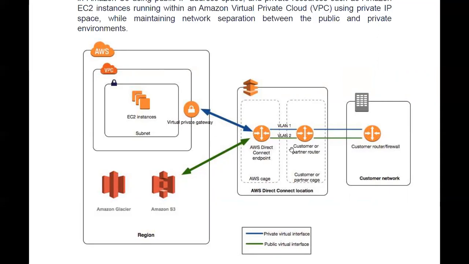We need not bother about which provider; AWS will take care of that. The only thing is you need to order the connection, and based on the availability, location and which service provider is available, you just need to choose that.